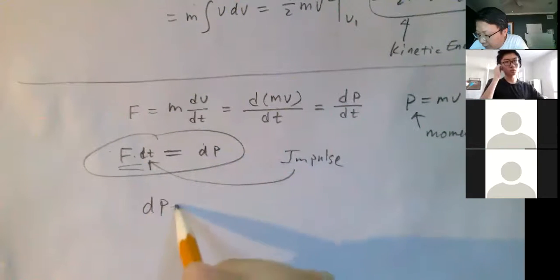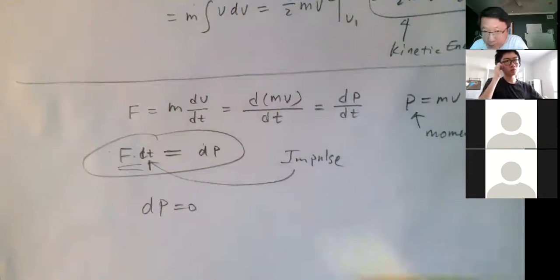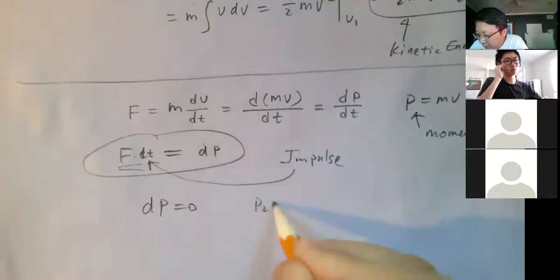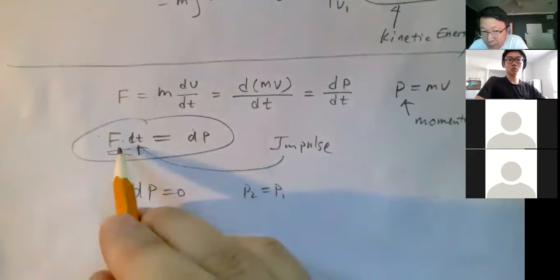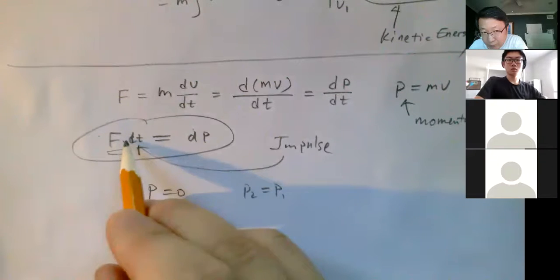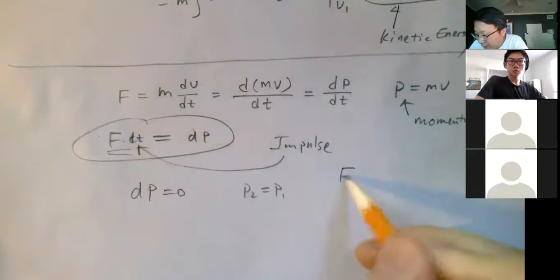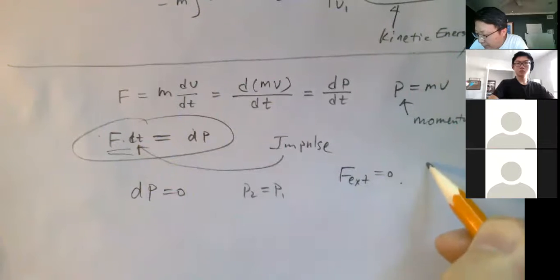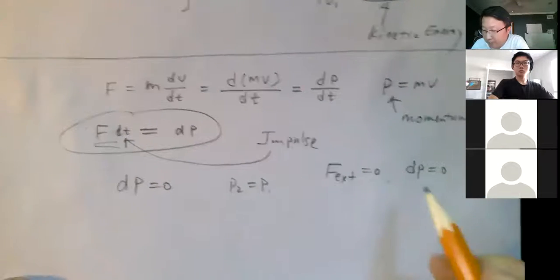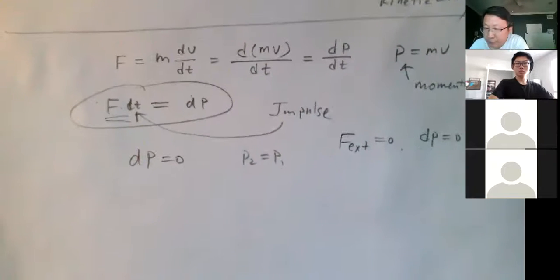If dp equals 0, the momentum is conserved, so p2 equals p1. That happens when there is no external force. If the external force on a system equals 0, then delta p equals 0, meaning momentum conservation.